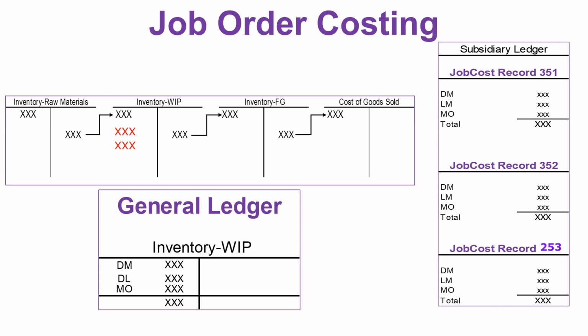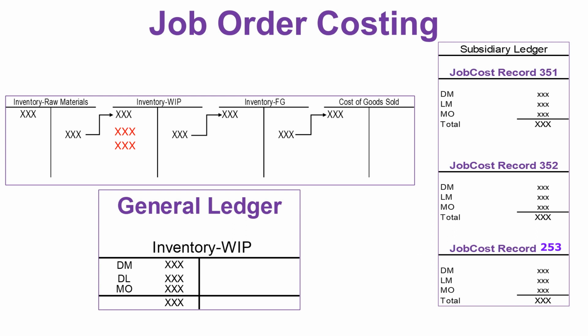If we added up all of the totals in those job cost sheets, theoretically, it ought to equal the running balance total found in the general ledger account work in process inventory.